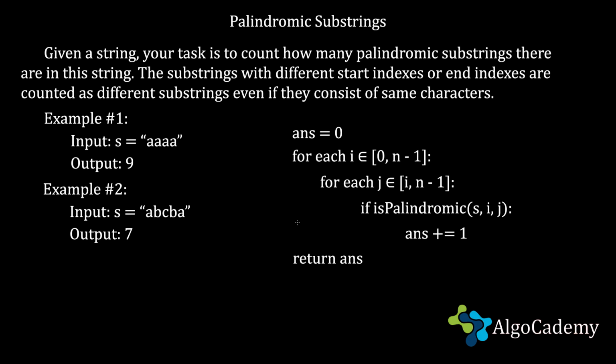This is how the code for our brute force approach looks. We are going to use a variable to store the answer, which is initially 0, and is going to be returned in the end. Then we are using 2 nested for loops to try out each and every substring. So the start index i from 0 to n-1, the end index j starting from i to n-1, and of course we check if it is palindromic, and we increment the answer.